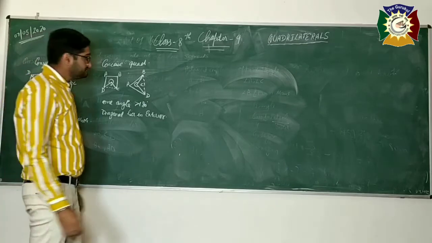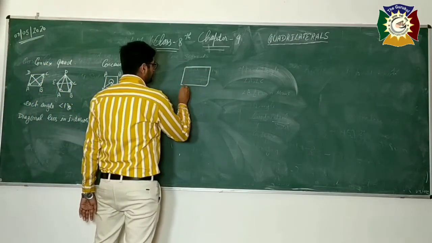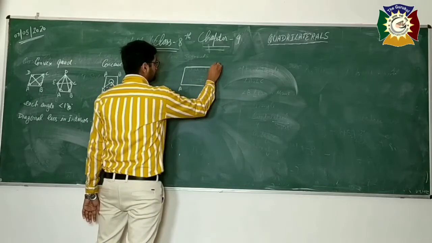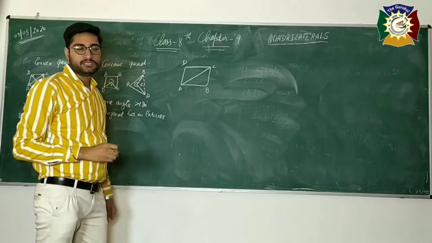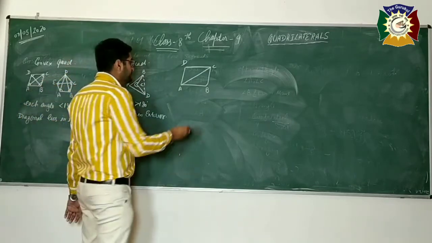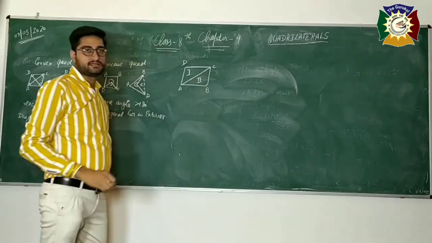Now, here you can see this is a quadrilateral and this is the diagonal of the quadrilateral. And you can see it's dividing the quadrilateral into two triangles.